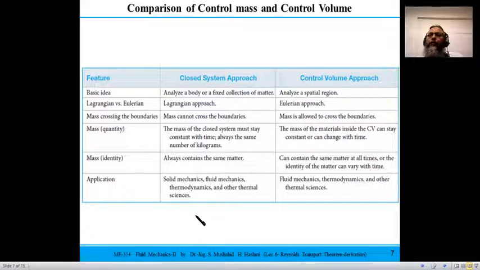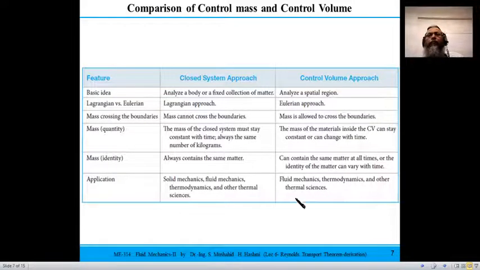So in different branches of sciences, both systems have their applications. For example, in thermodynamics, we have learned the first law of thermodynamics for closed systems. We have learned thermodynamics for open systems as well.